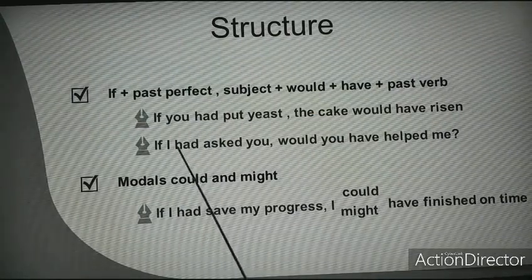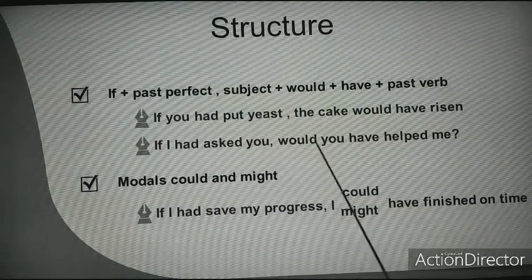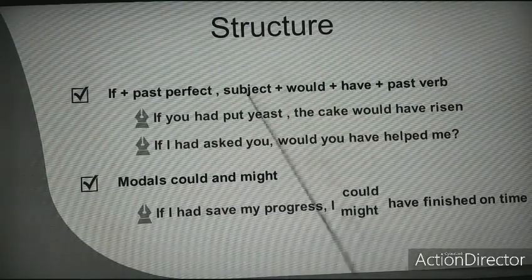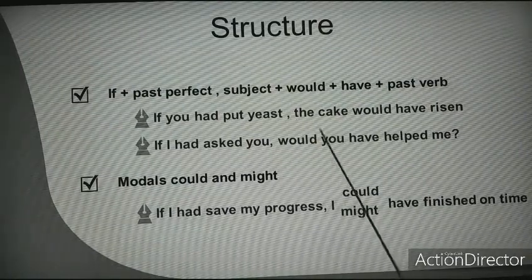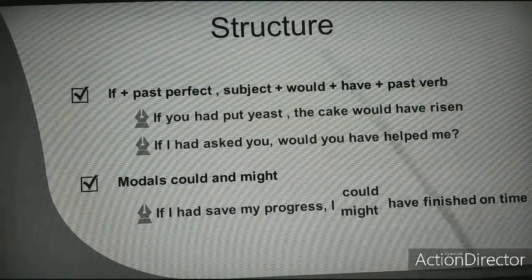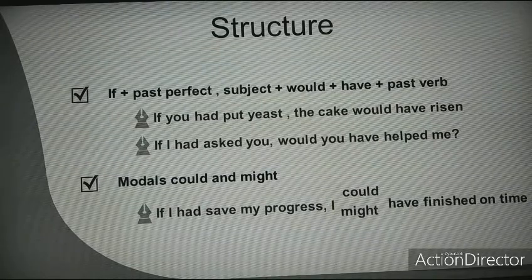So we have the if, the past perfect, then the subject in reverse with the auxiliary because it's a question. Would is first, then you, the subject, have helped me, the have and the past participle.